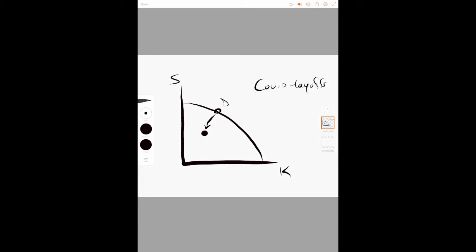The curve doesn't move. There hasn't been any change in the number of workers. What it does change is that those workers are not being utilized anymore. So that puts us inside the curve, producing less than we have the ability to produce. That's no good. That's actually pretty bad.